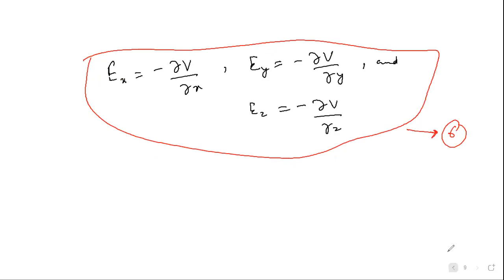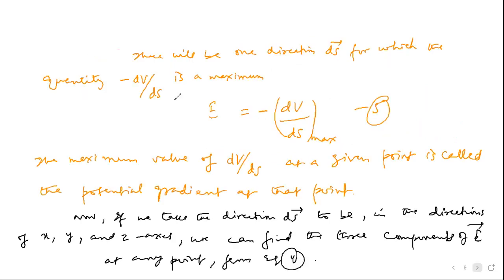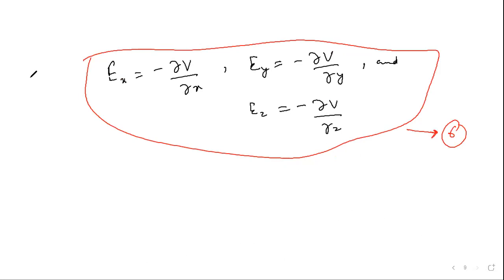It means if you are given a potential as function of position x, y, z, you partially differentiate with x, negative times of that gives you x component of field. You differentiate the given potential function with y, negative times that gives you y component of the field, and you differentiate the potential partially with z, negative times of that gives you the z component of the electric field, right?